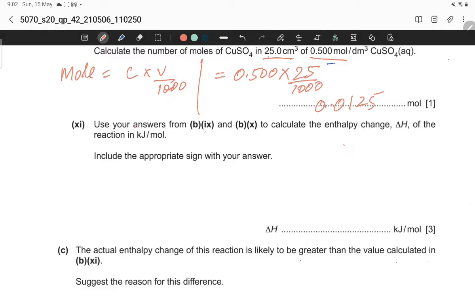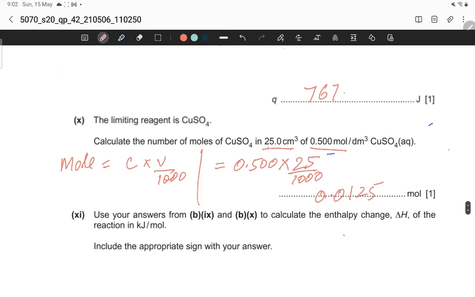Use your answers from B9 and B10 to calculate the enthalpy change delta H for the reaction in kilojoules.